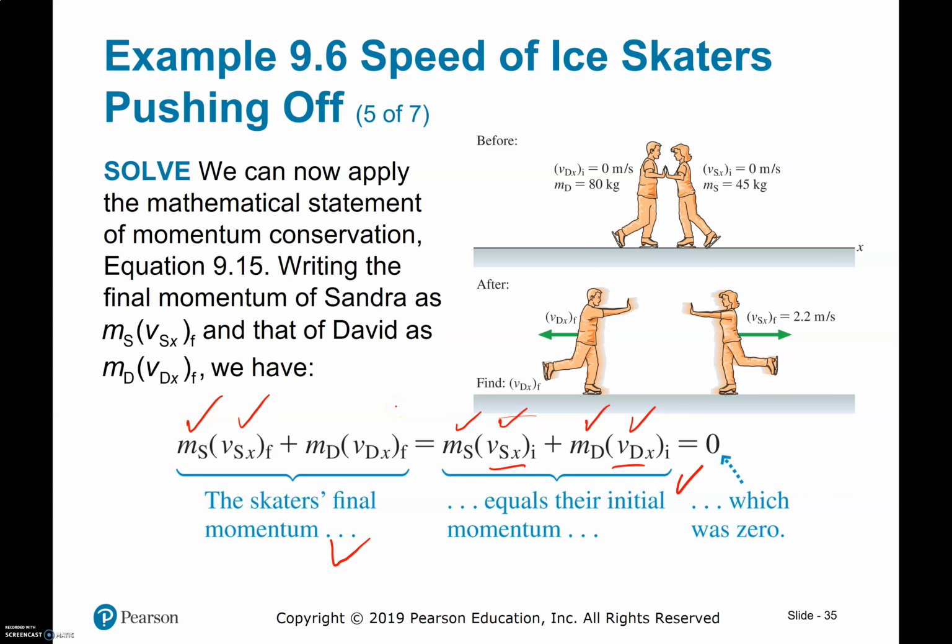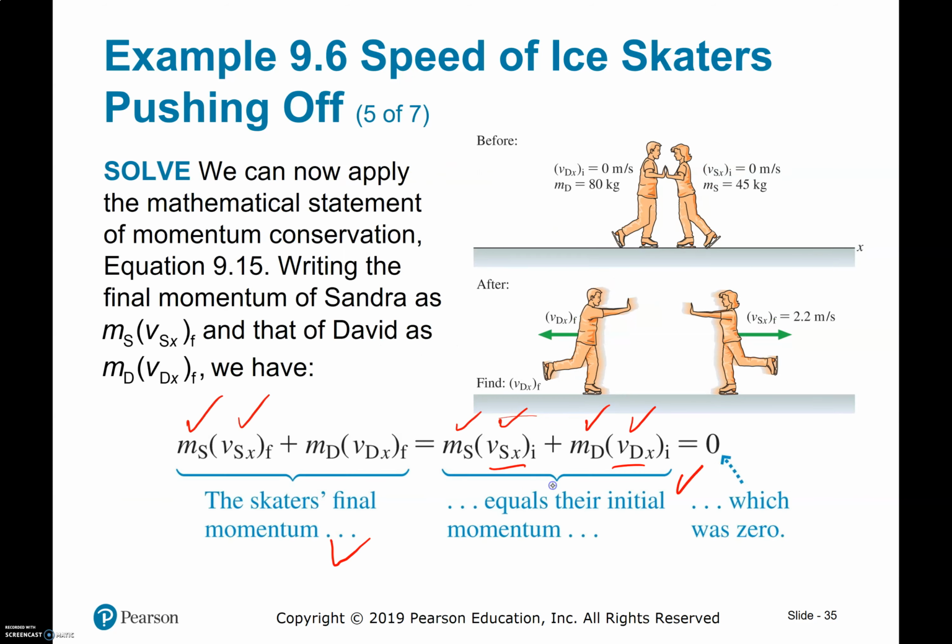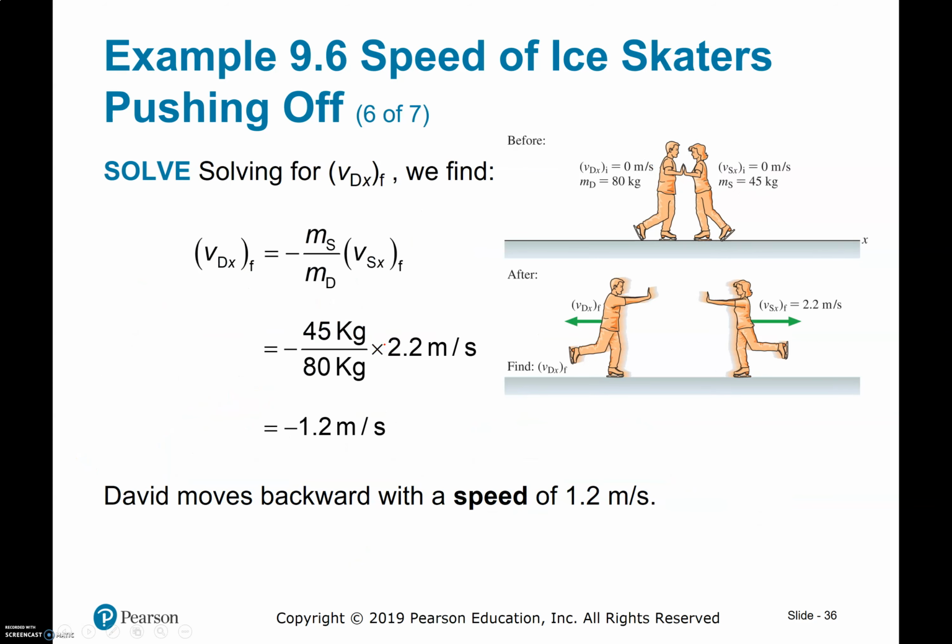So now I can solve this equation, right? From there I can solve for the velocity of David, and that is 45 divided by 80 times 2.2, and that is minus 1.2 meters per second. It's negative because it's going this way, and she's going that way, and we are choosing our x coordinate to be positive that way.